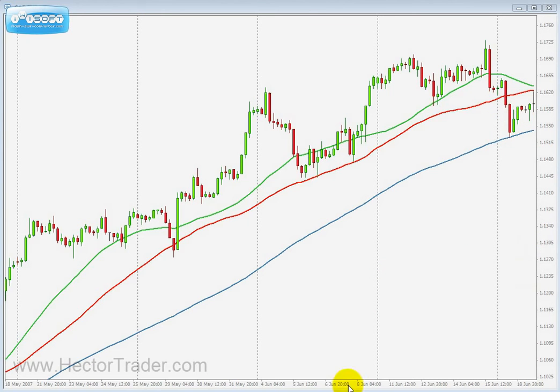Moreover, another condition that's out of place now: the 30 is not pointing in the same direction as the 50 and the 100. That's 3 out of 6 conditions wiped out within a few bars. Now, let's keep scrolling.